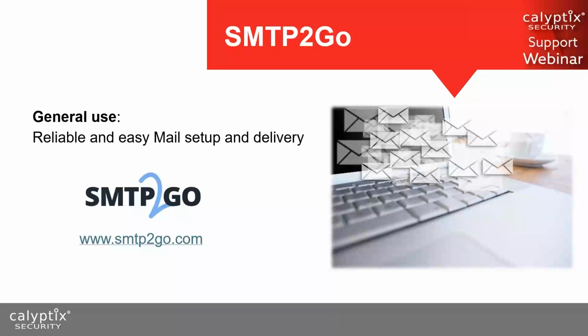With all of the different validations that come with setting up a Google account or Office 365, SMTP2GO makes it very easy to validate who you are by your domain name and your email address. Then all you have to do is set it up and say, I want you to send whatever mail, and it sends it on your behalf.